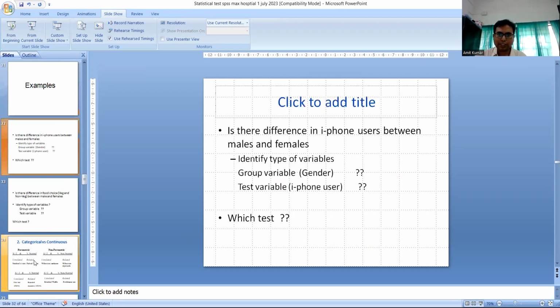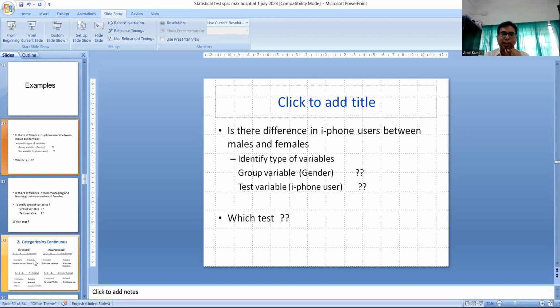Now some examples. In our workshop data, I will show you in SPSS how to do this testing. I have a question for you. We want to know, is there any difference in iPhone users between male and female? So we have two groups, male and female, and the test variable is iPhone user.